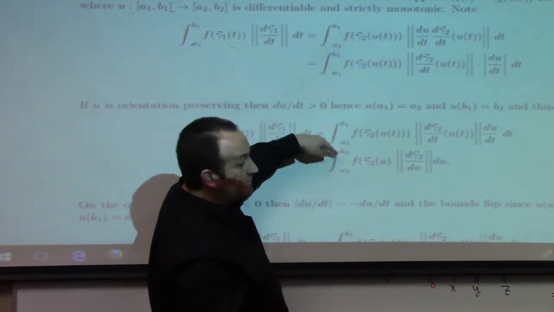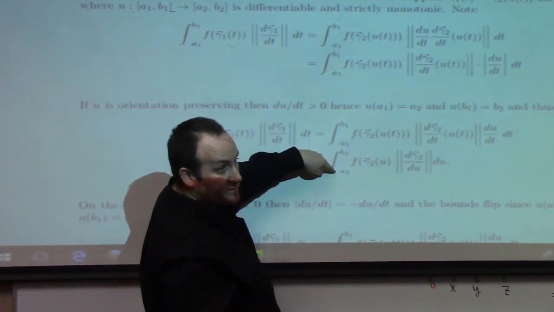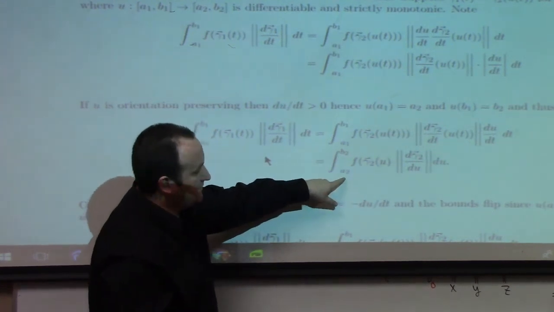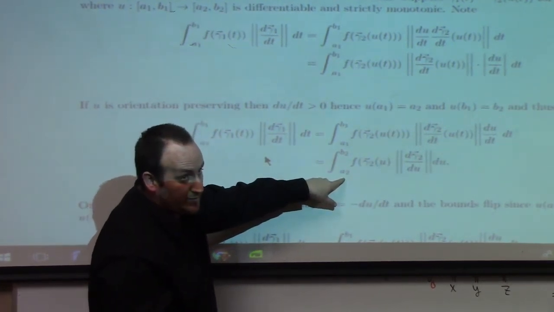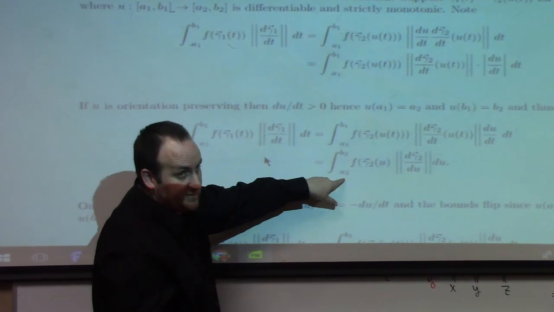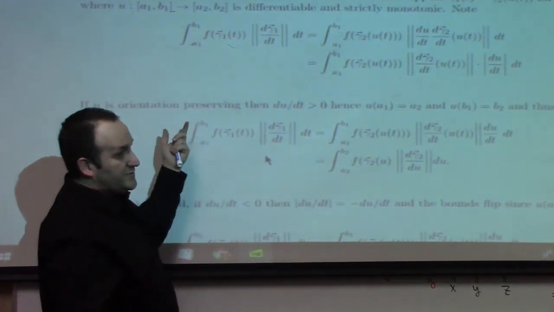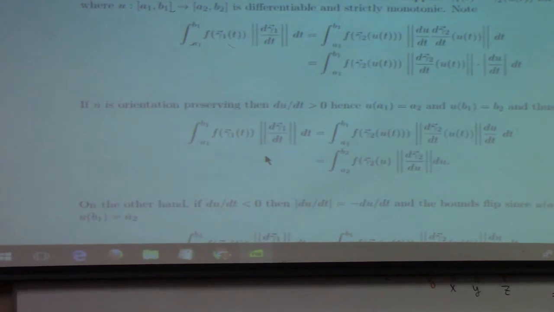This is the u-substitution theorem from Calculus 1. But what is this? This is nothing more than the integral of the function with respect to arc length over the second parameterization. So this calculation shows that the integral with respect to arc length is independent of your choice of how you parameterize the curve.